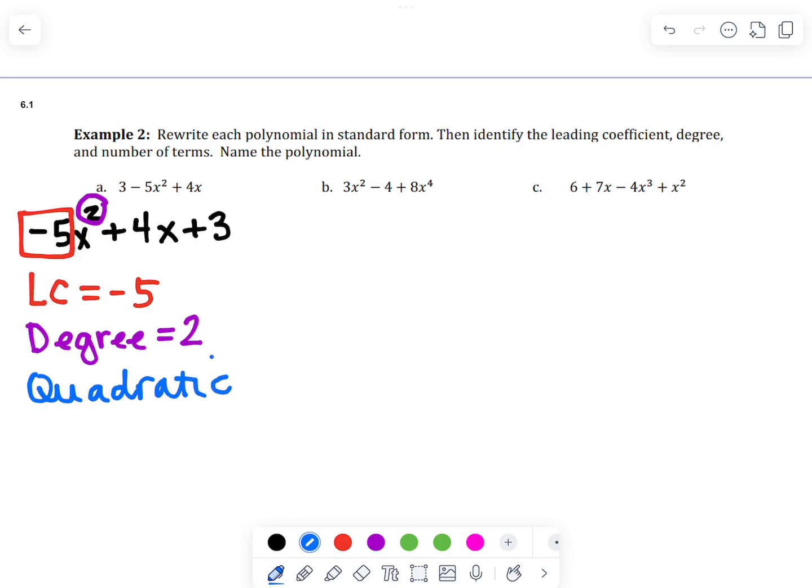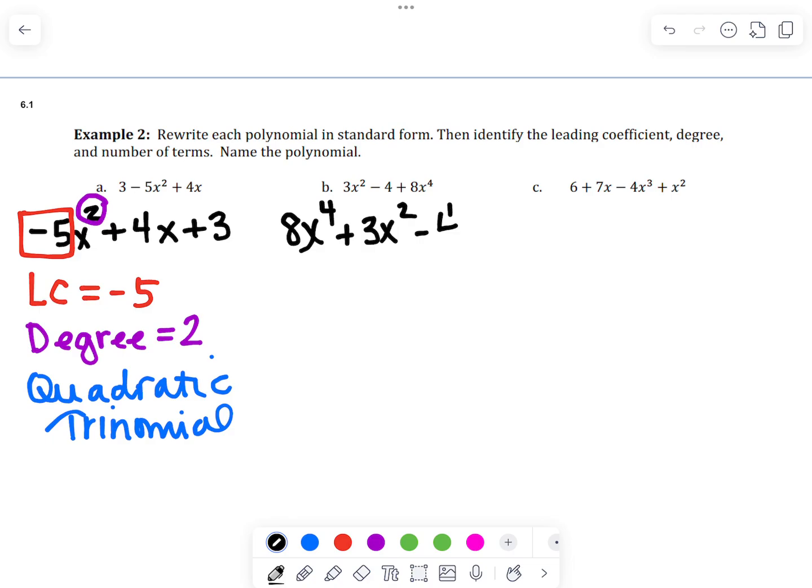Since it's 3 terms, it's called a quadratic trinomial. All right, second example, put in highest term first, the x to the 4th power, then the x squared term, then the constant. So now it's in standard form.